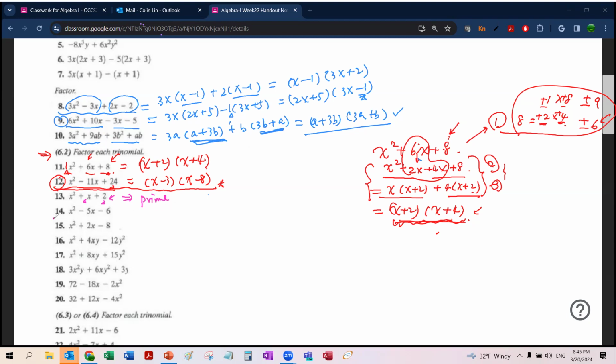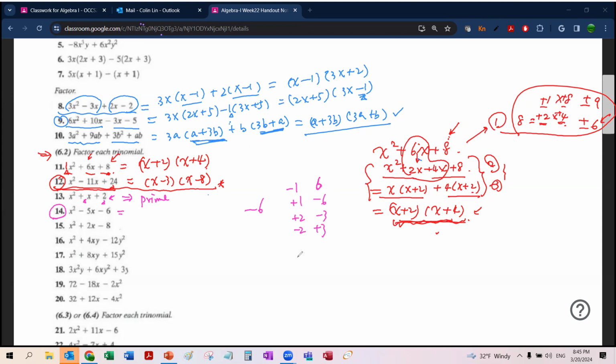All right, let's see 14. The -6 is negative, so it factors into 1 positive and 1 negative. So -6 can factor into -1 and +6, +1 and -6, +2 and -3, -2 and +3.